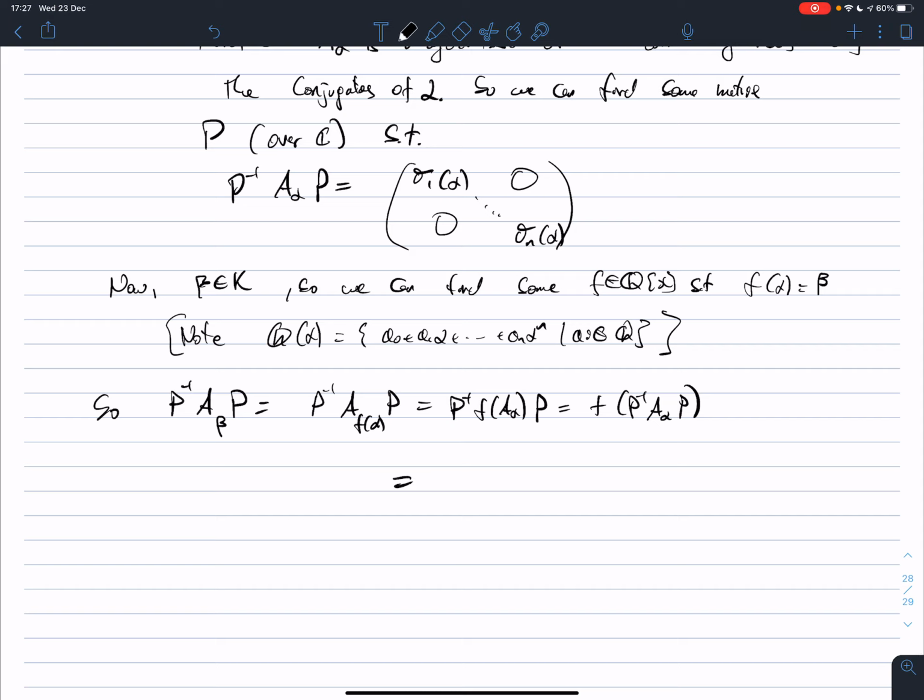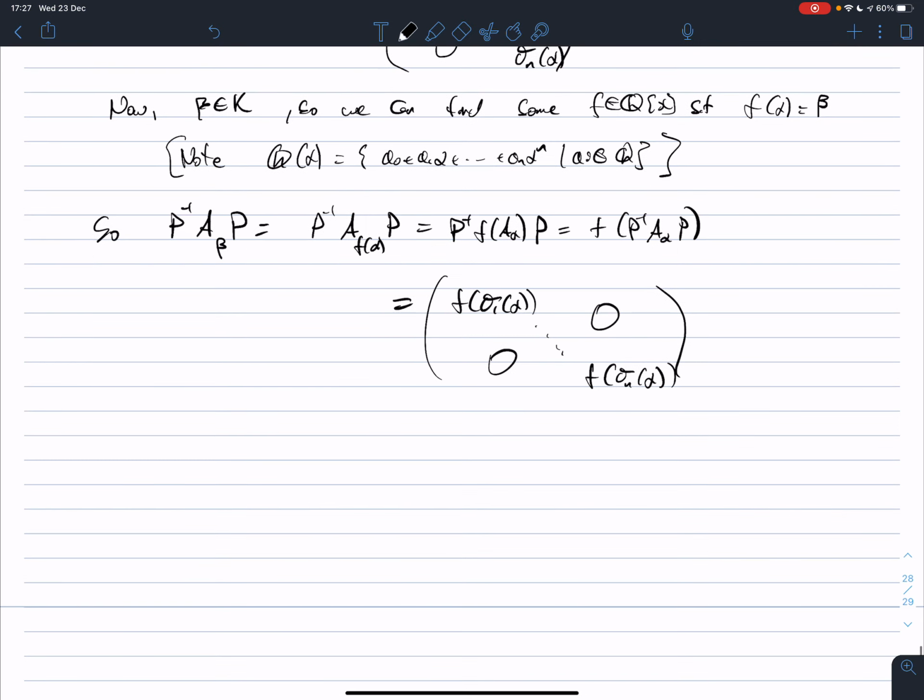which equals, if you look at what our matrix looks like here, f of sigma 1 of alpha, through f of sigma n of alpha, with zeros outside of the diagonal. Now think of what this has to be.